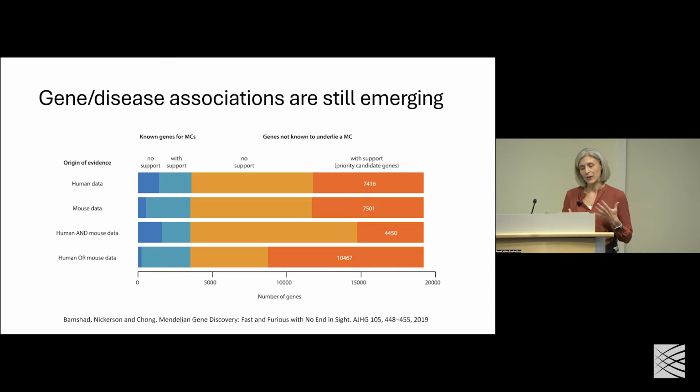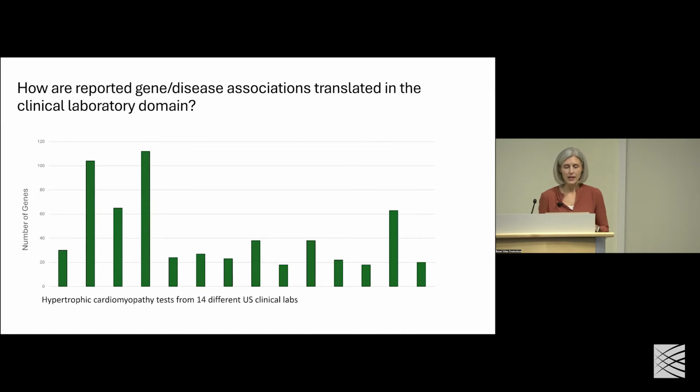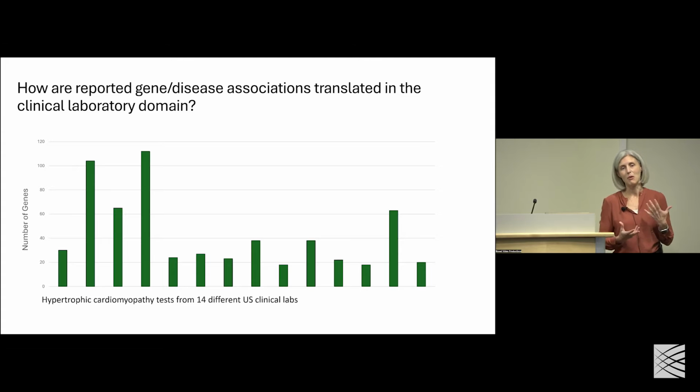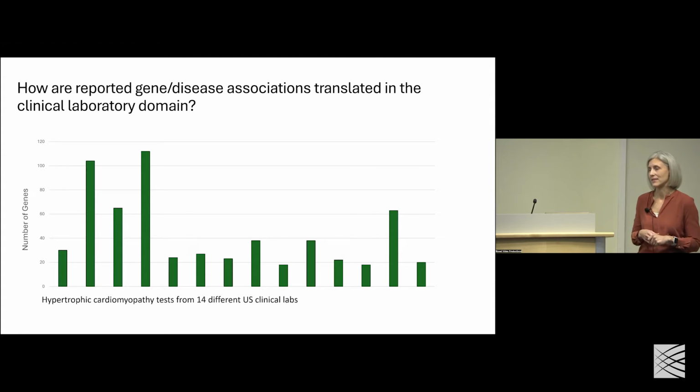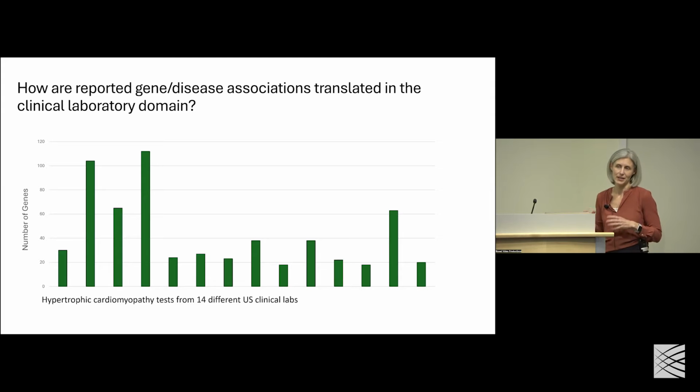So as we're working through, particularly in broader exome and genome testing, the types of variants we find, you're going to see a big spectrum of gene disease association evidence levels, from the very well-established all the way down to the undiscovered. And even if we hone in just on those genes that have had some implication in human disease, there's a lot of variability, at least historically, in the field in how that information is integrated and classified ultimately.